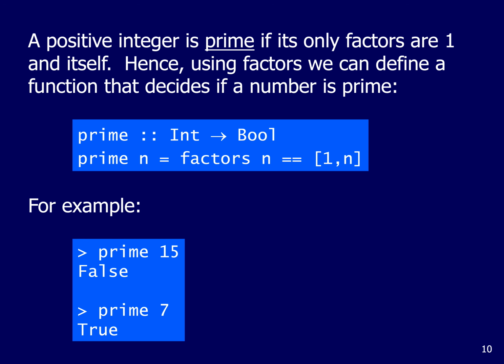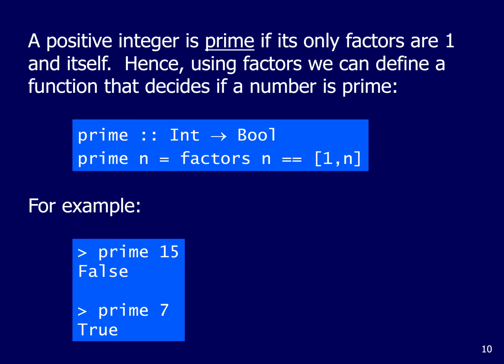And you might be thinking, well, this looks horrendously inefficient. It looks like if I want to calculate whether a million is a prime number, I first need to calculate all the factors of a million, which may take quite a long time, and then check, is it equal to the list 1 with a million on the end, just those two numbers.